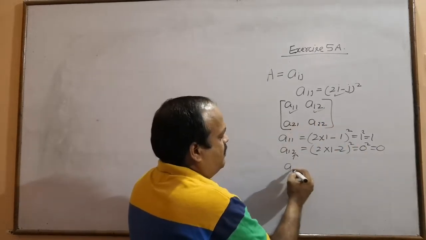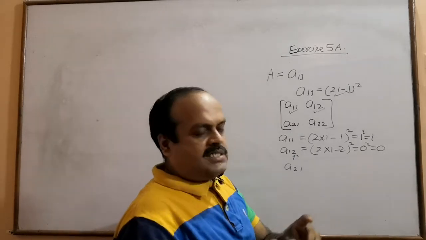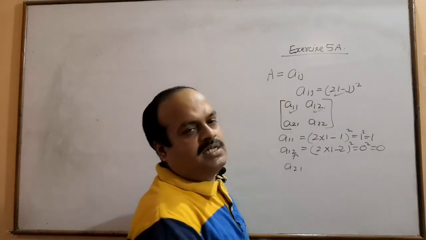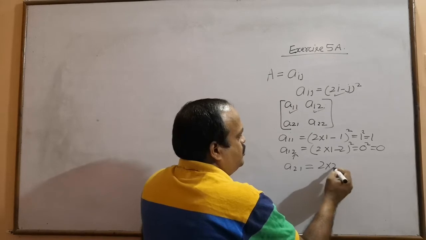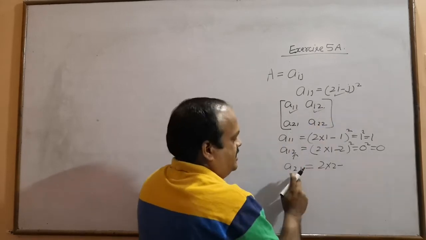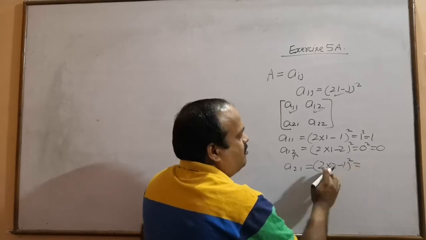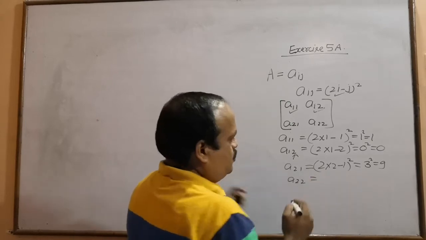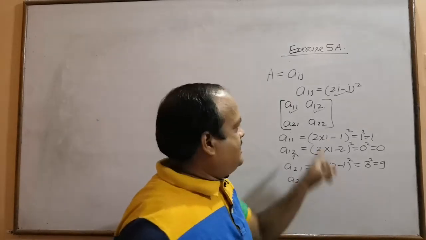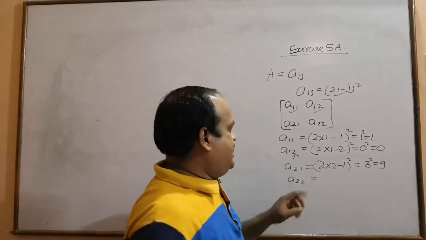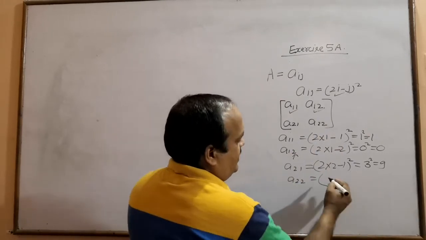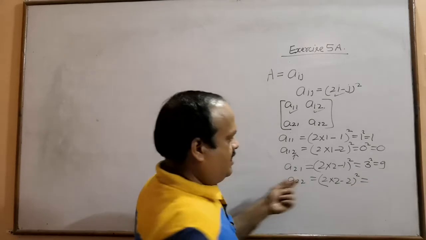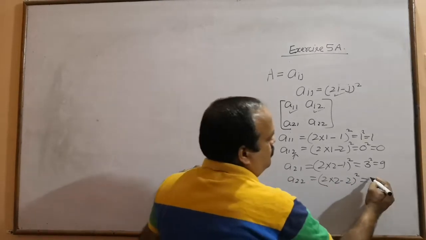Now A21 indicates that i is 2, j is 1. Put in this formula 2 into 2 minus j is 1. So 4 minus 1 is 3. 3 square is 9. Now the last one, A22. We find it using the formula 2 into 2 minus 2 whole square. 4 minus 2 is 2.